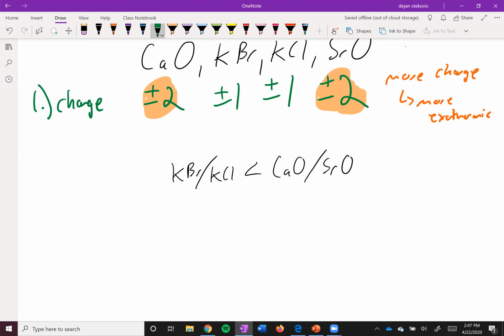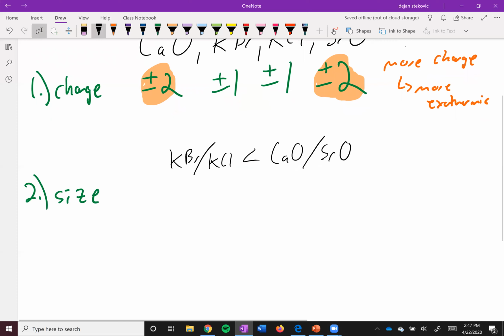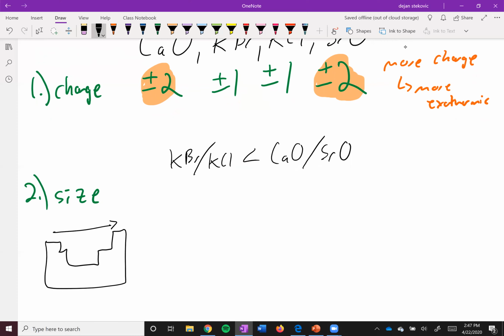Now, to differentiate between the potassium bromide and potassium chloride, and then the calcium oxide and strontium oxide, we have to look at our next principle, and that's size. So remember your periodic trends. When we go towards the top right, we get small, and then over here we have big. The differentiating factor here is whether it's a bromide or a chloride.